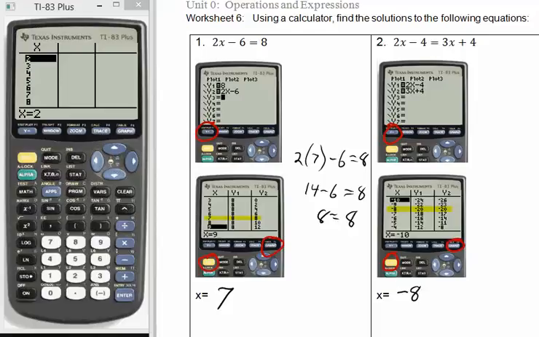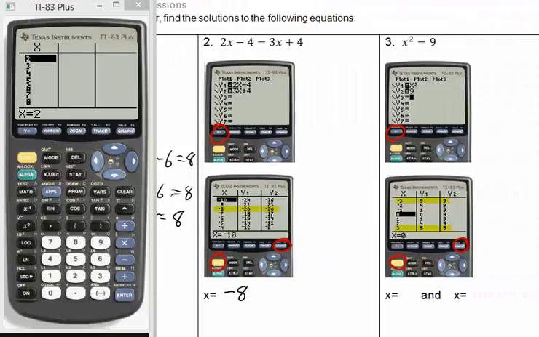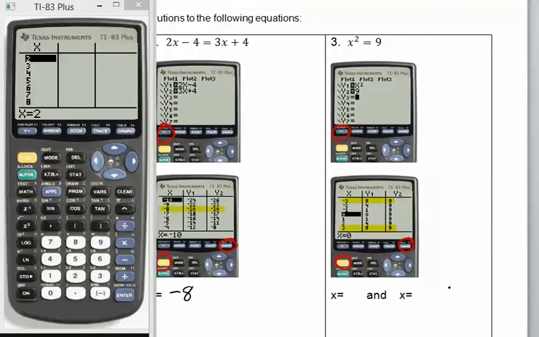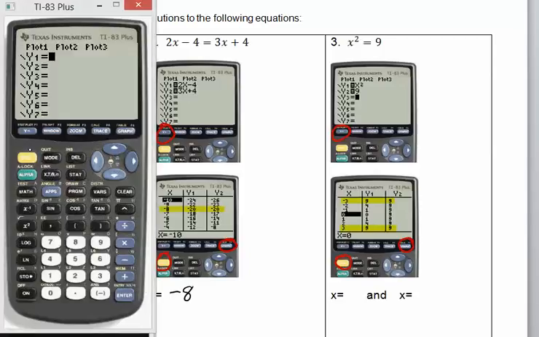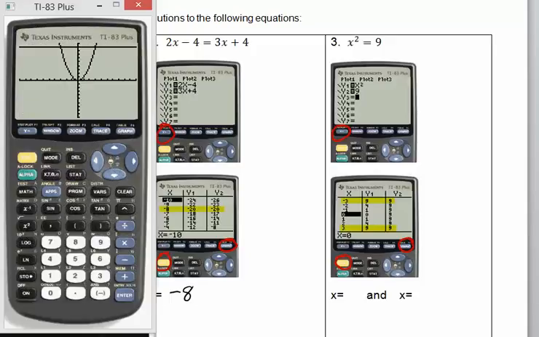All right, so now this one is a little bit different. So when I plug this one in, I have x and y1, I go x squared equals 9. If I look on my graph, these things hit twice.